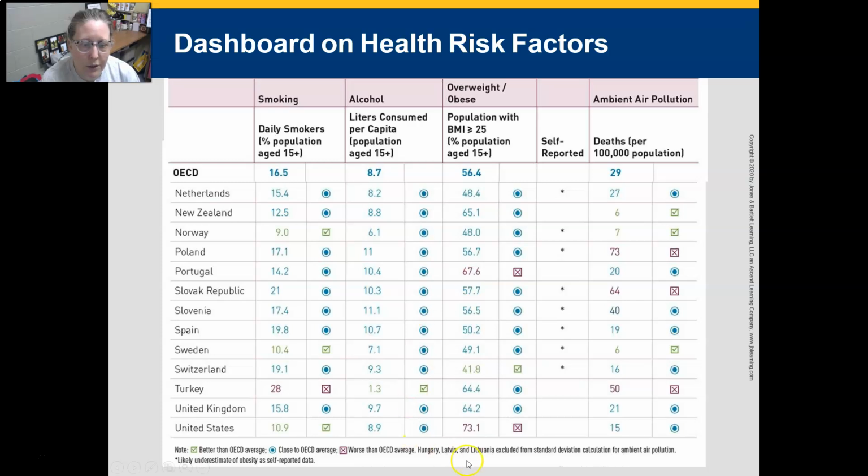If you look here in the U.S., though, we have 73% of our population with a BMI above 25. So that is a huge amount. But our smoking is really good. It's only 10.9% of the population, which is really good. And our alcohol, we're right there on average with the OECD at 8.9 liters per capita.